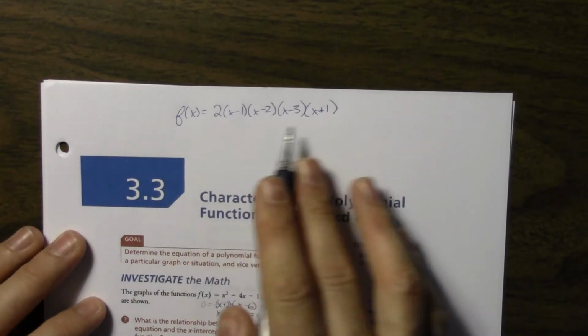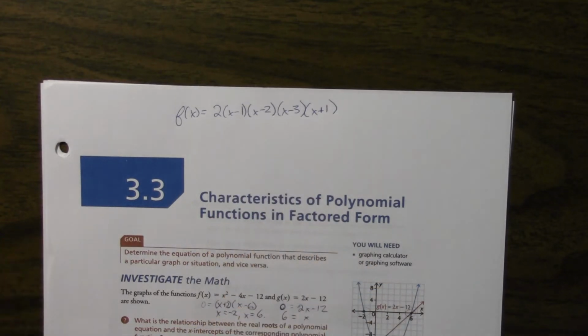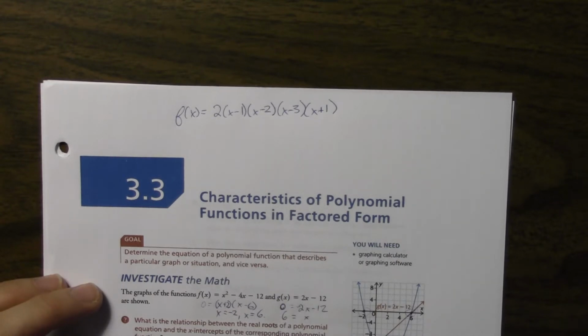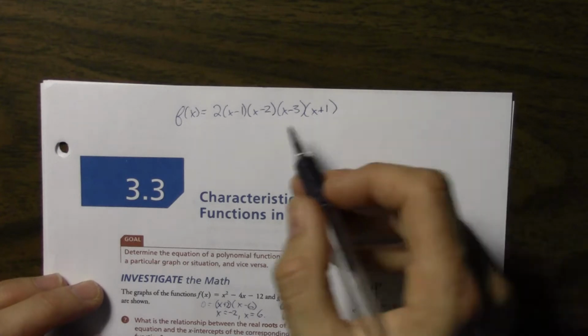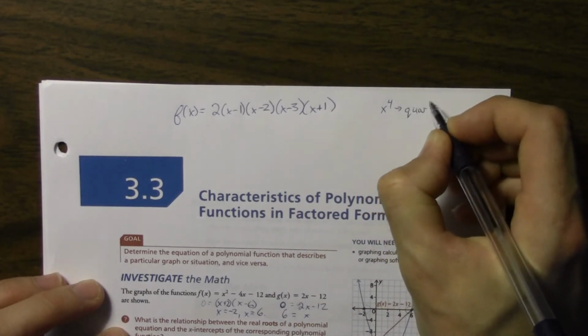Okay, so here's my quartic function. How do I know it's a quartic function? Because it's asked us now to do quartic. Okay, quartic means x to the exponent of 4. So this is quartic.